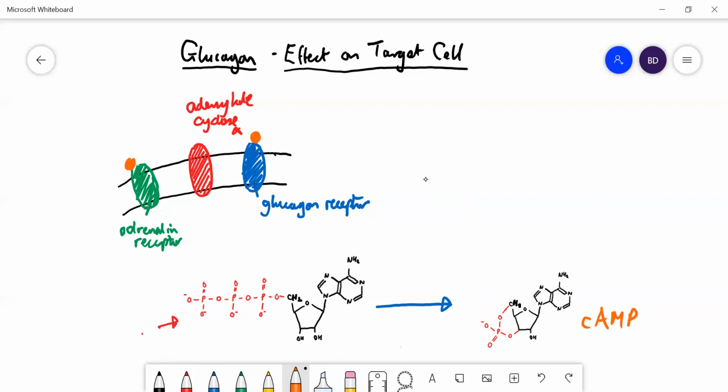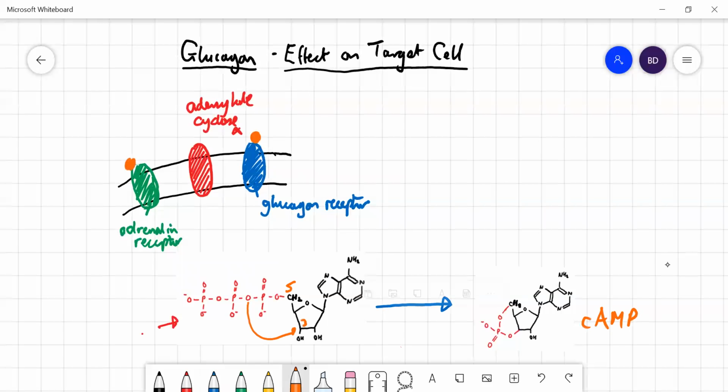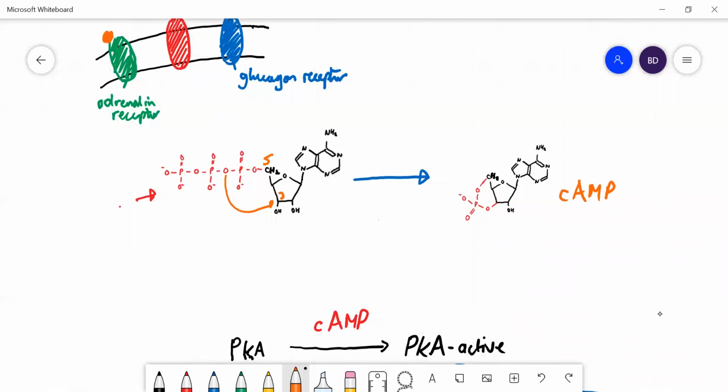And you can see that the phosphate group, on ATP, is stuck to carbon number 5. One of these goes around and joins onto carbon number 3 there, and that's cyclic AMP. Right. And once you've made cyclic AMP by adenylate cyclase inside the cell, there's a whole cascade of things which happen. So we'll have a look at those, okay?